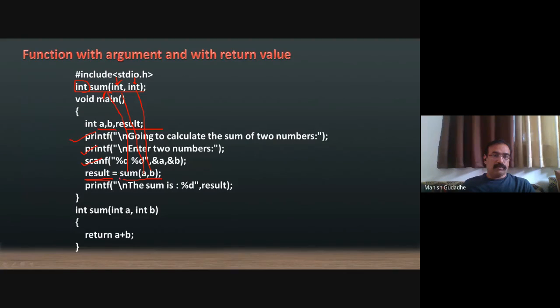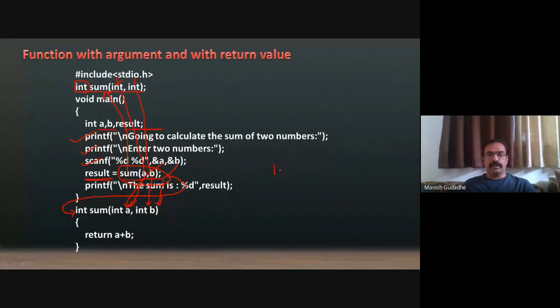Now what will happen after calling this function? Control will go here. The value of A will be copied in this new A, and the value of B will also be copied here, which are the values that were scanned.